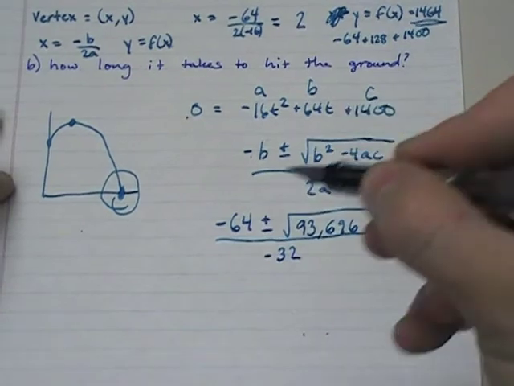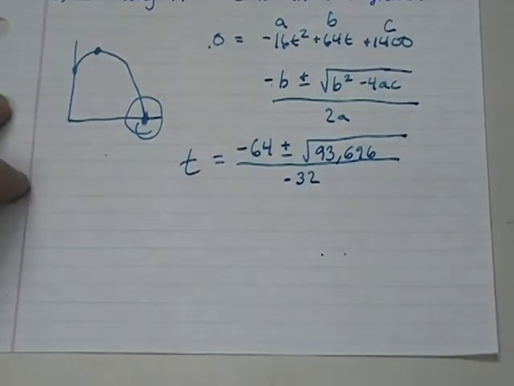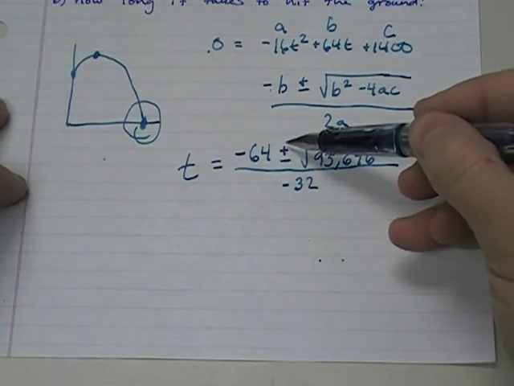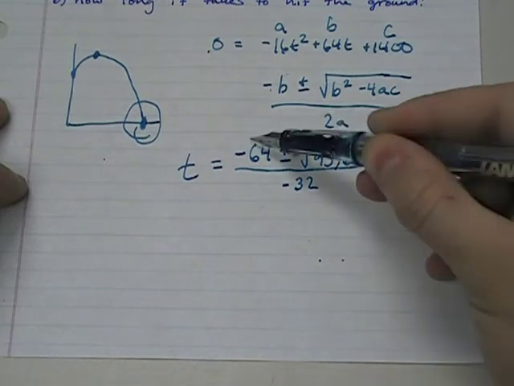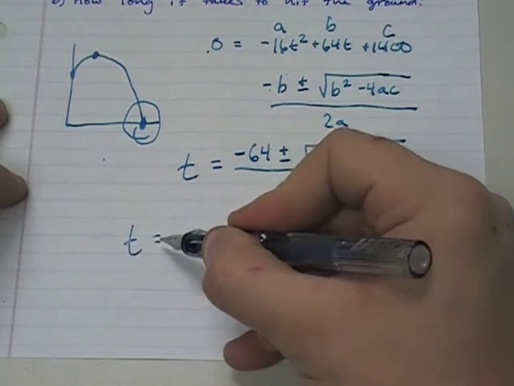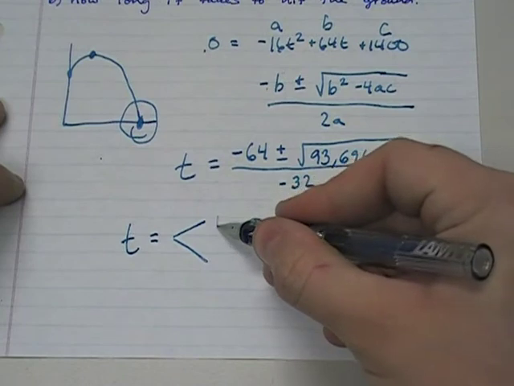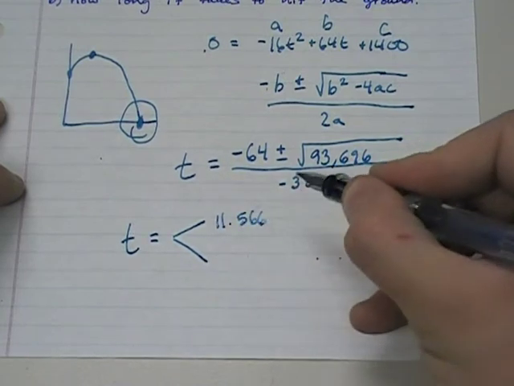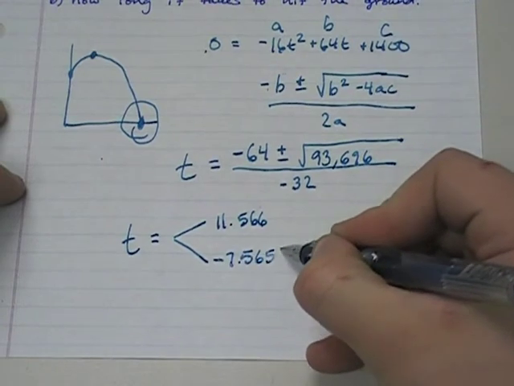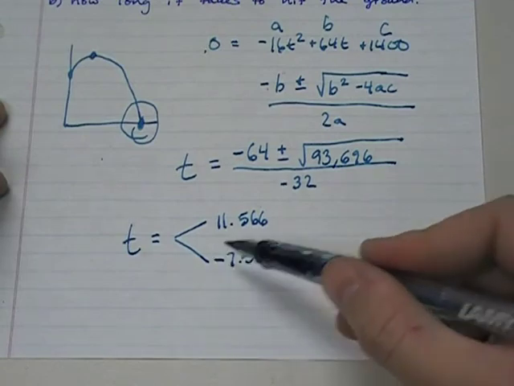And when I combine these, and this is t equals that, what I end up with is two answers. I end up with negative 64 plus this radical and negative 64 minus this radical. And I always like to evaluate these, so you end up with 11.566 and negative 7.5656.